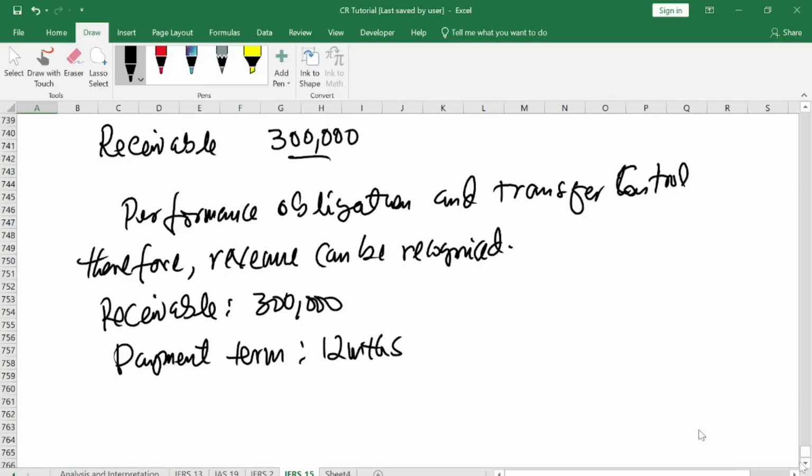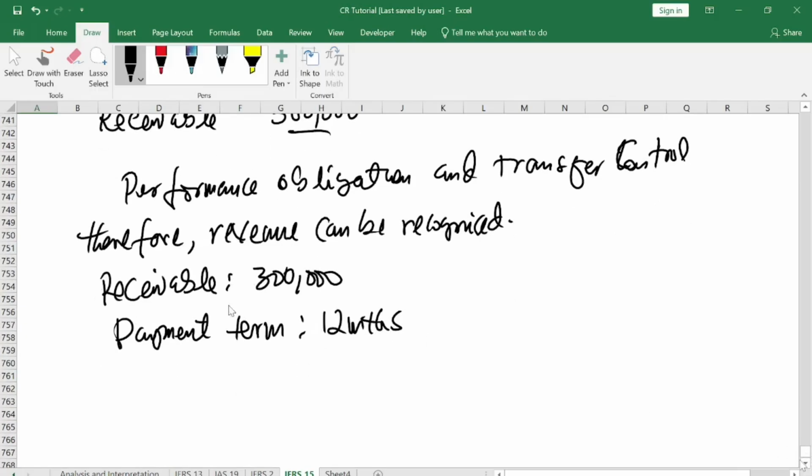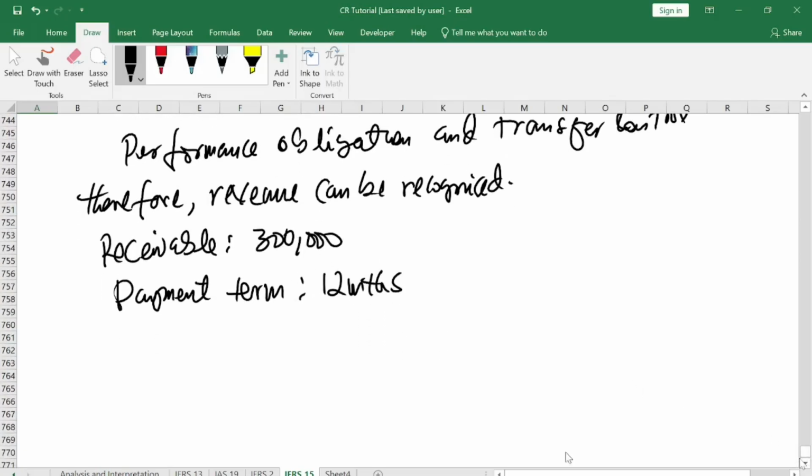You understand? Which means that you are not going to receive this money now. You have to receive this money in 12 months' time. If so, then you need to discount this money to the present value. So how do you do that? You'll have your receivable of 300,000. Then you'll find the discount factor.